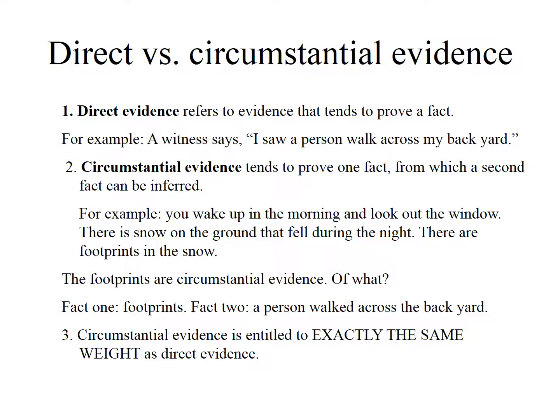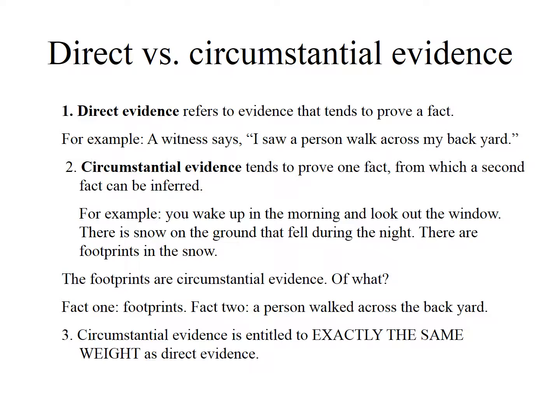Now, those words, I saw a person walk across my backyard, tend directly to prove a fact. What fact? That a person walked across the backyard. That's the fact. And what is the direct evidence of it? The witness says, I saw someone walk across my backyard. There's no in-between inference. We go straight from the witness. If you believe the witness, it tends to prove the fact.